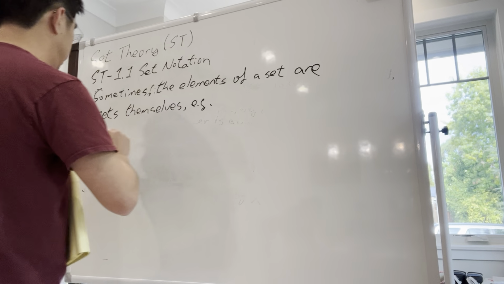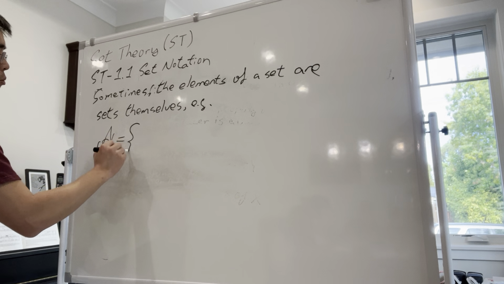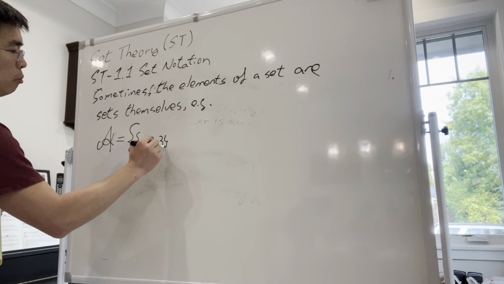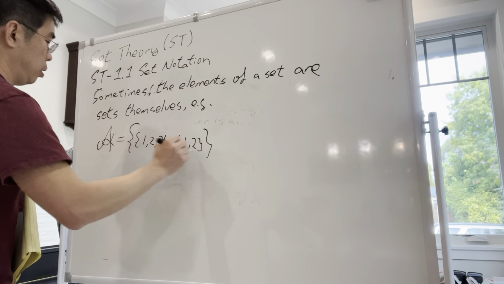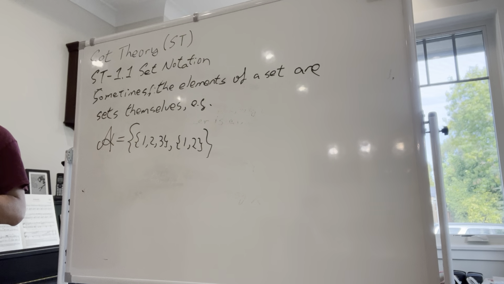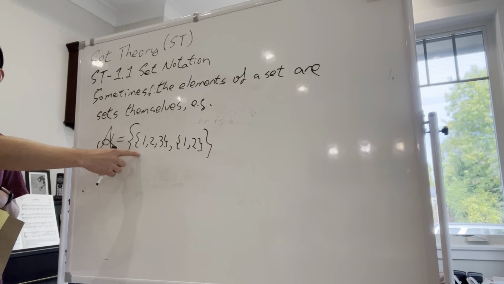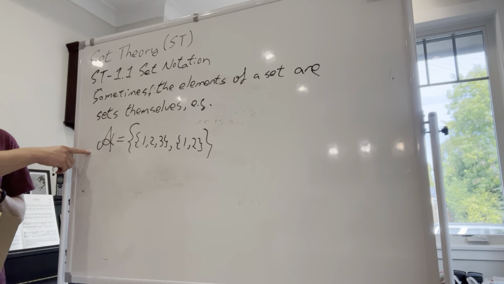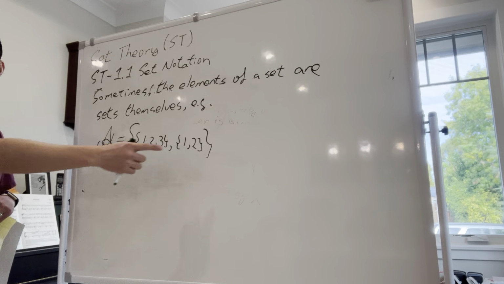For example, this is a set which has 2 elements. The first element is a set: 1, 2, 3. The second element is another set, with 1 and 2.